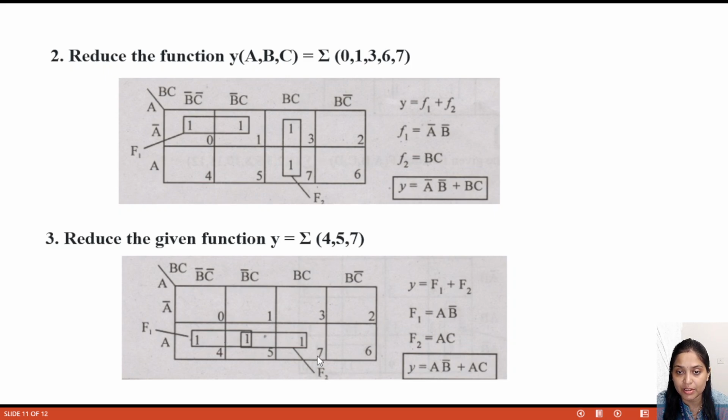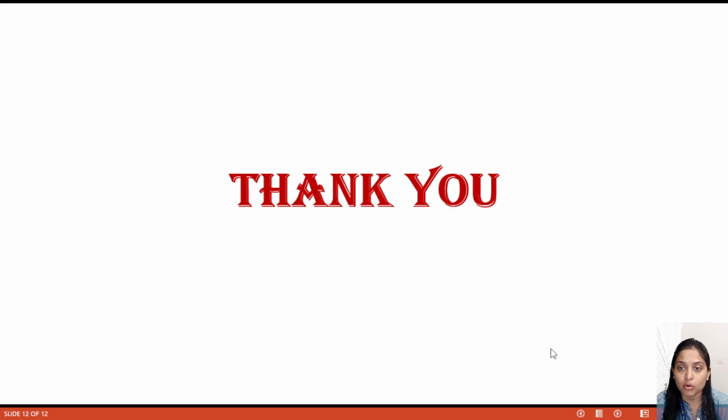We have to put 1 there, and they form two pairs. Similarly, the first pair shares one row and two columns. From these two columns we can cancel out the C bar component, so the final result will come A B bar. From the next pair we can cancel out the B bar component, so the final result will come A B bar plus AC. Hope you can understand 2 and 3 variable Karnaugh map.